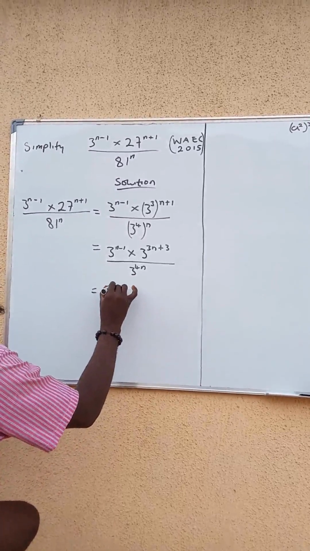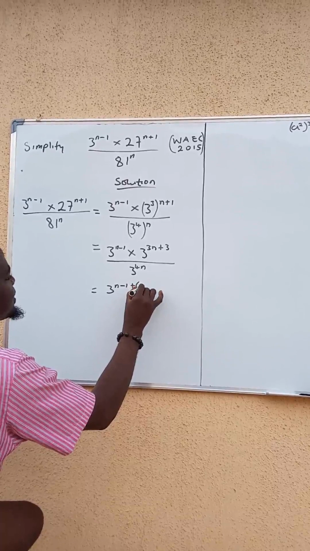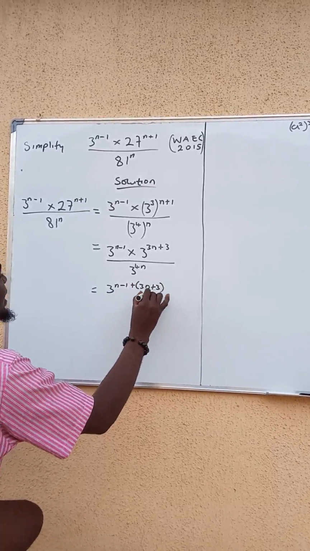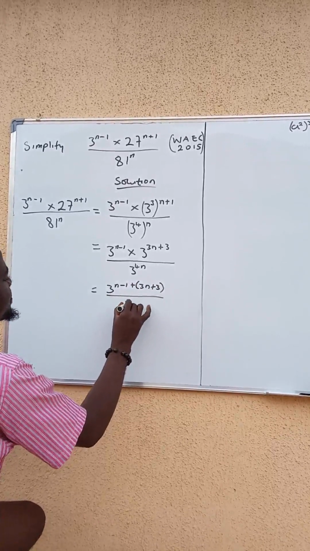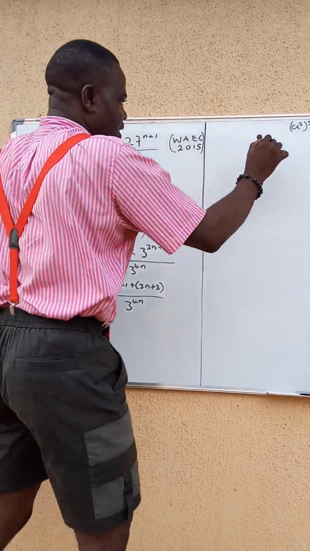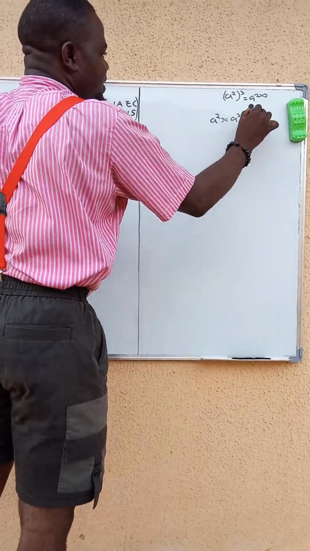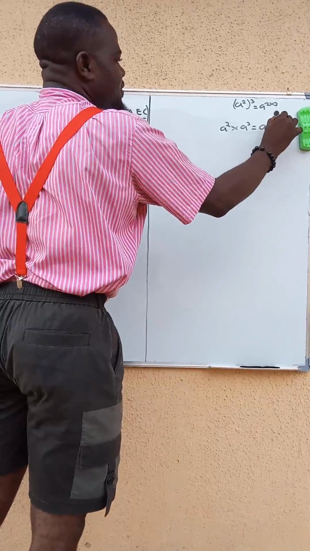3 raised to the power of n minus 1 plus 3n plus 3 over 3 raised to the power of 4n. What I did here is, once you have a raised to the power of 2 times a raised to the power of 3, it is the same thing as a raised to the power of 2 plus 3.